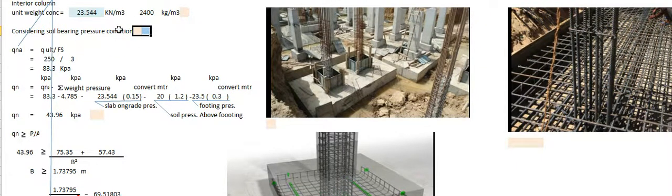Considering soil bearing pressure, the qa is equal to q ultimate divided by factor of safety, so 250 divided by 3 equals 83.34 kilopascal. Nominal soil bearing pressure is equal to 83.34 kN minus 4.78533632 minus 23.544 times 0.15 for slab on grade pressure minus 20 times 1.2 for soil pressure above footing, and so forth, so the qn equals 43.96 kilopascal.